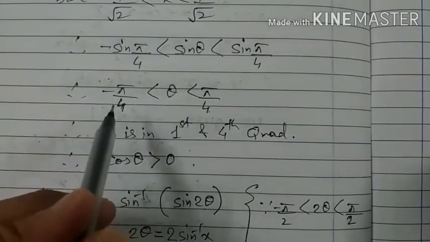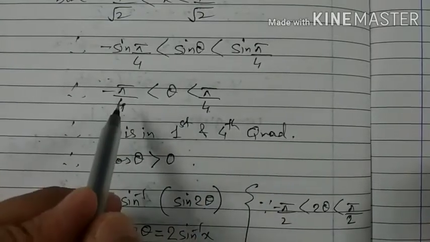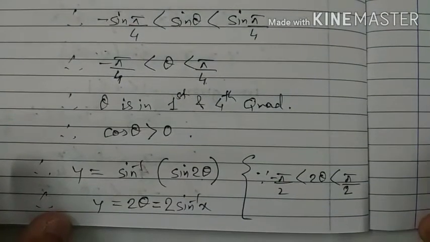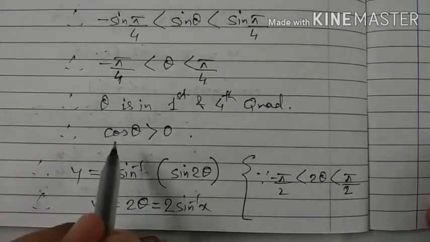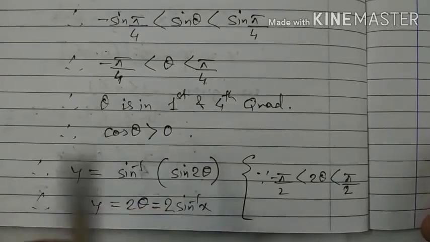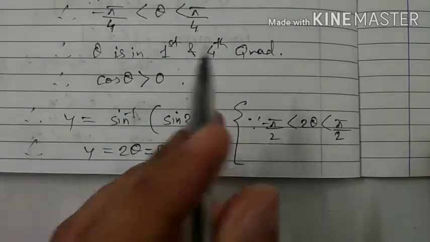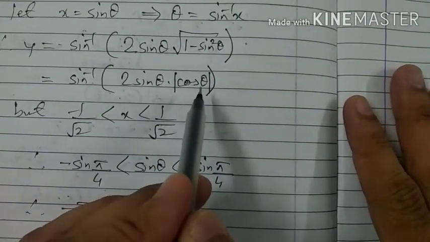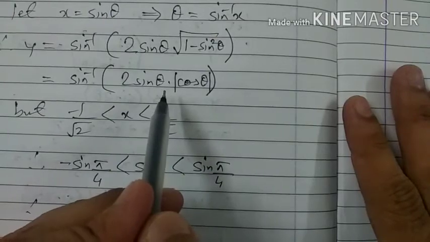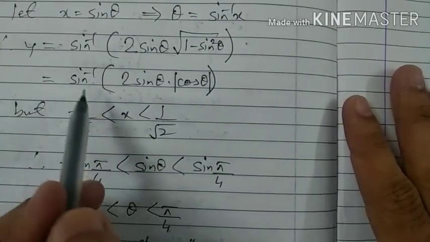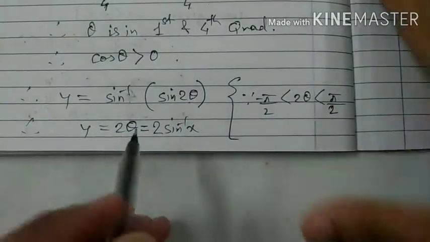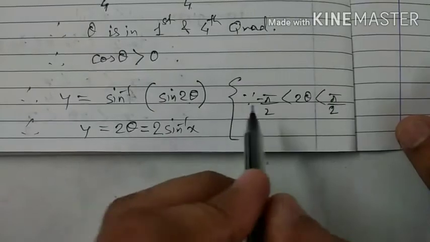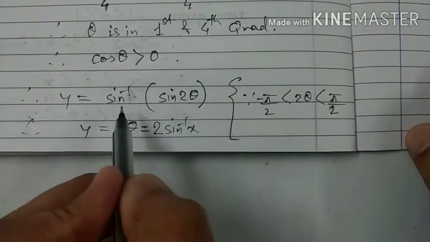Here theta lies in the first and fourth quadrants, because minus 45 to 45 is the range, and in those quadrants cos theta is positive. So here 2 sin theta cos theta means sin 2 theta, and the formula can be applied. So we get y equals sin inverse of sin 2 theta. Then we show that 2 theta lies in the range of sin inverse.